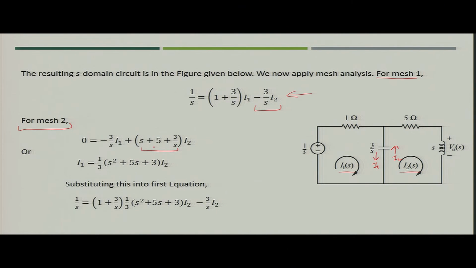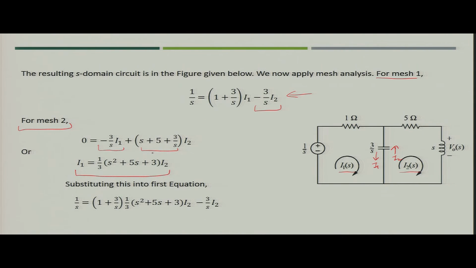So, for I2 you will get S plus 5 plus 3 by S, and then since I1 is in opposite direction of I2 for the capacitor, you will get another term, that is minus 3 by S into I1. Now, when you simplify this, you will get the value of I1 as 1 by 3 into (S square plus 5 S plus 3) into I2.